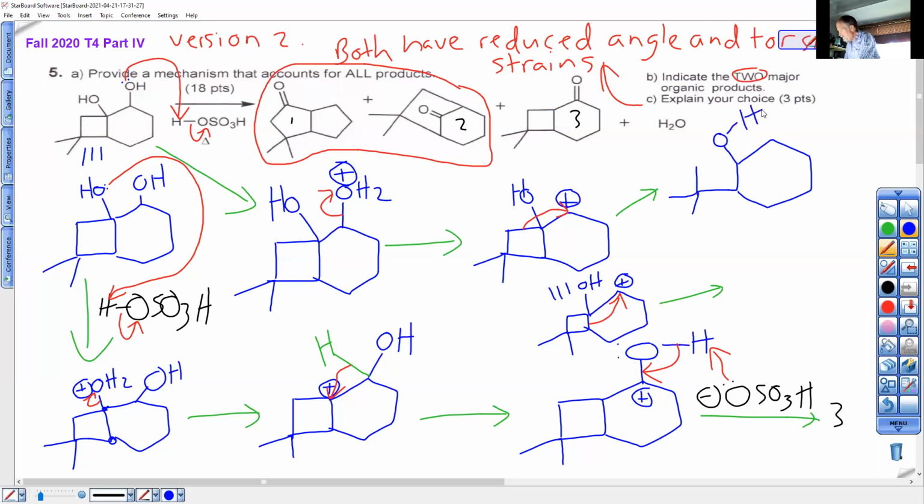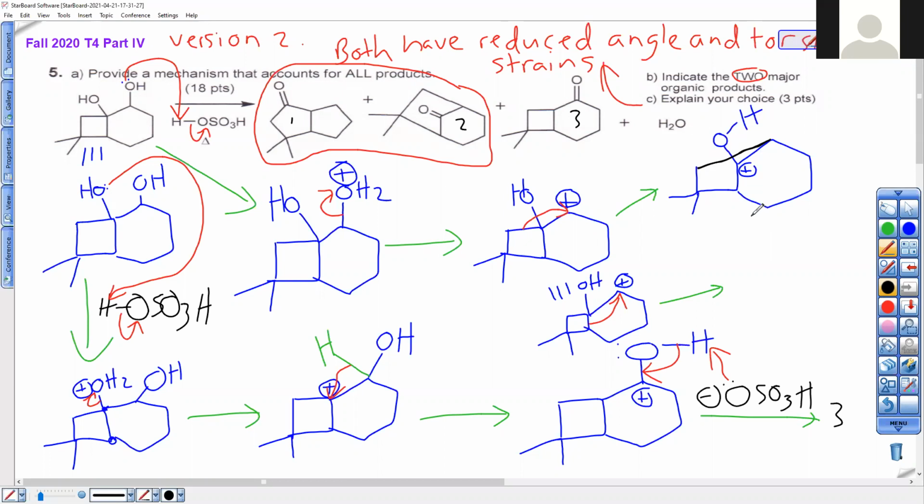The bond moved from this carbon to this carbon, and that has a cation here. I know it looks a little messy, but the black bond is from that carbon to that carbon. The OH is in behind it. Which product does that look like?